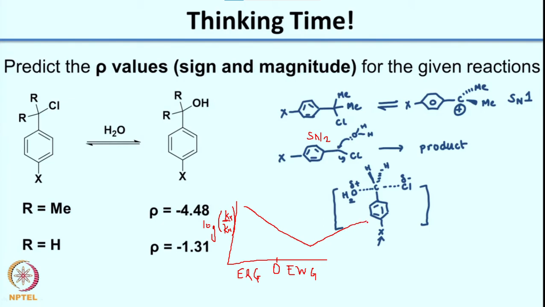So the electron releasing group does not stabilize this one as much as in the first case, SN1, and the magnitude gets reduced slightly. This is the value for H and this is for methyl. Which magnitude is higher? All of you know this one is higher, right? So this is how we can distinguish between the reactions by using the Hammett plot.